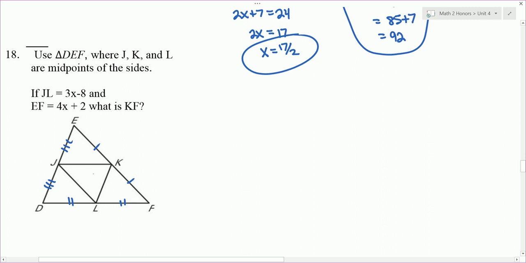JL is a mid-segment of the triangle, and it's parallel to EF, and so the length of EF is equal to 2 times the length of JL. And EF is 4x plus 2. JL is 3x minus 8. Now we can solve for x.